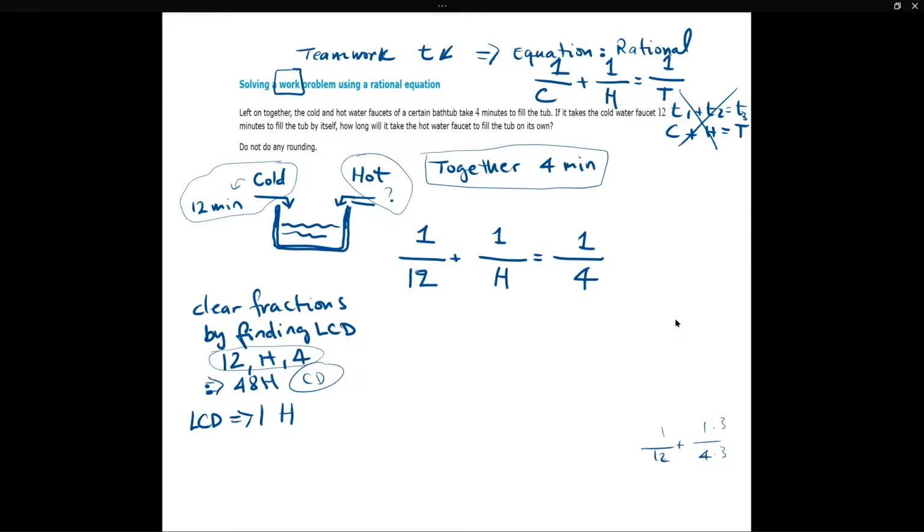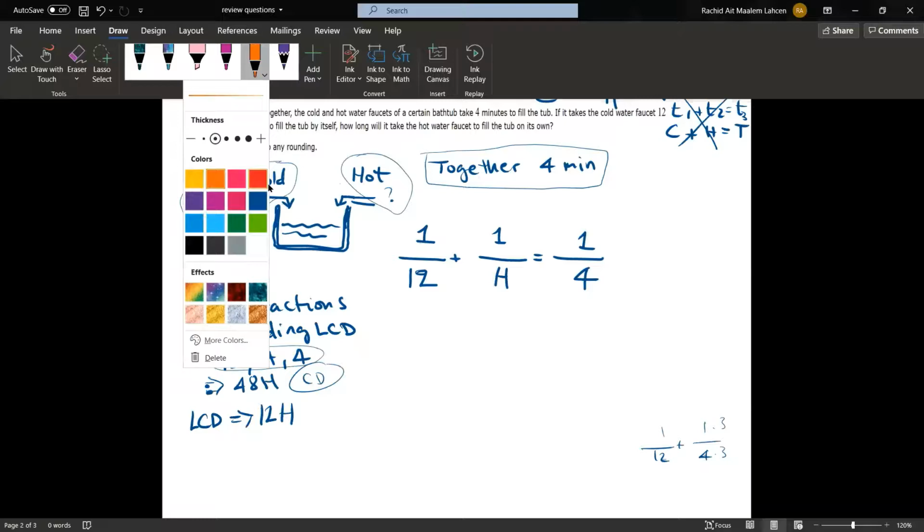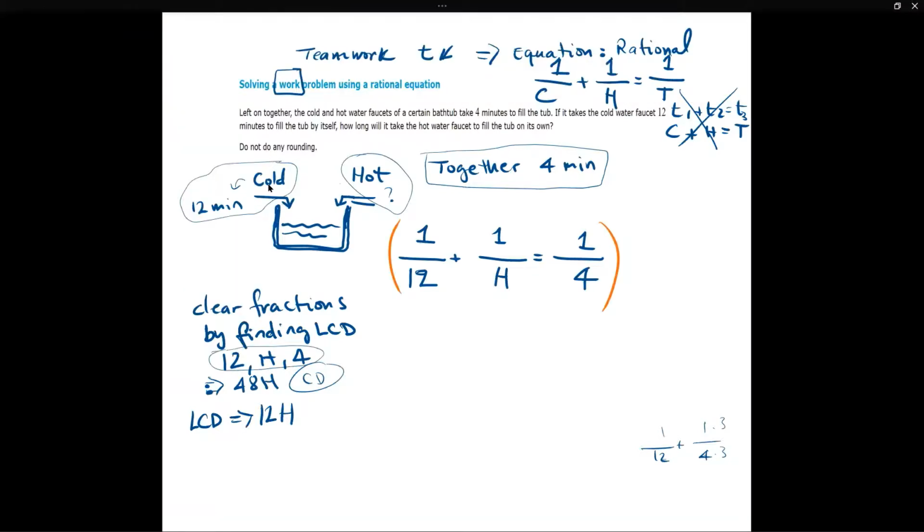So we can actually use just 12H. So either way, you will get the answer. So I found 12H. Step 1 is to find the LCD.